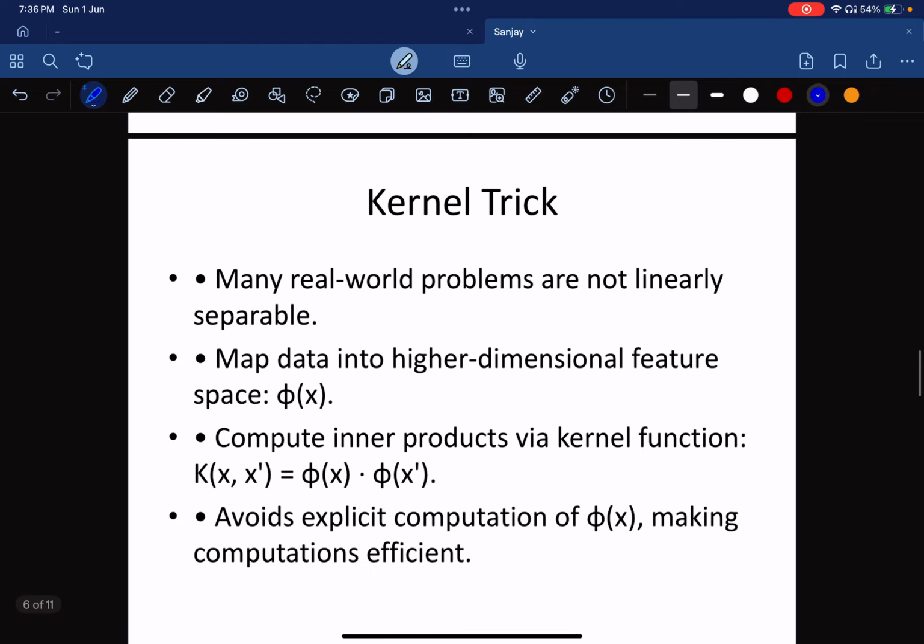Here we can see that it maps the data into higher dimensional features in this space phi of x, and it computes only the inner products via the kernel functions, and it doesn't explicitly find phi of x. It avoids computational costs and gives computational efficiency compared to entirely transferring the data into a higher dimension.